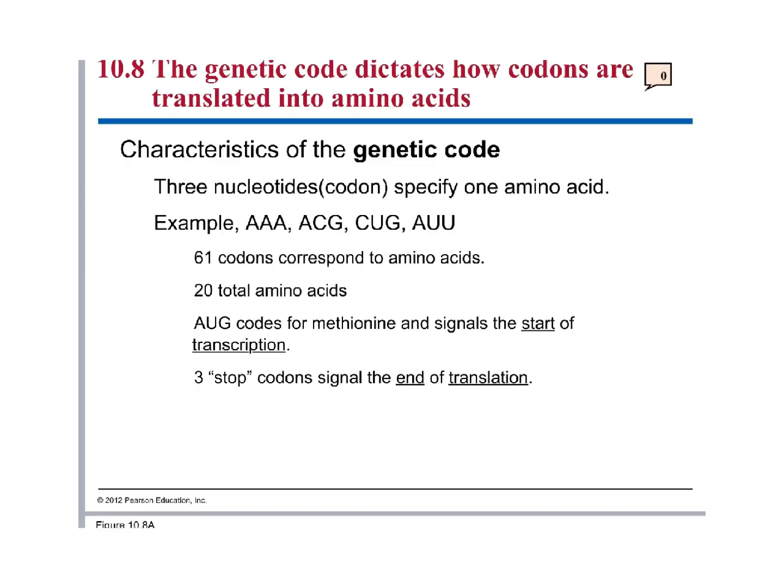So again, 3 nucleotides come together to make a codon, and each codon specifies one amino acid. So again, the authors are giving you this example, AAA or ACG, CUG, AUU. Those are all codons. There are 61 total possible codons or combinations of this AUCG alphabet that can come together to make 20 different amino acids.